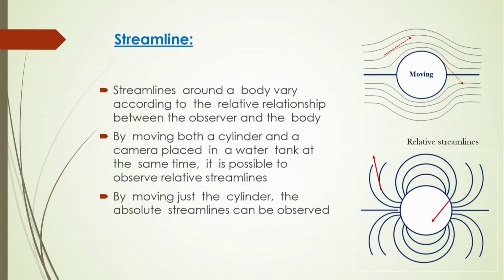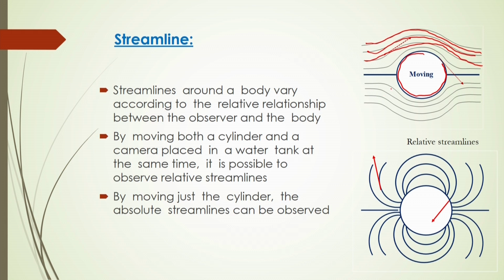Also, the streamlines around a body vary according to the relative relationship between the observer and the body. If the body is moving, this white face here is one body, and around this body the fluid will be flowing, and the streamline of the fluid flow is represented by this curve here.